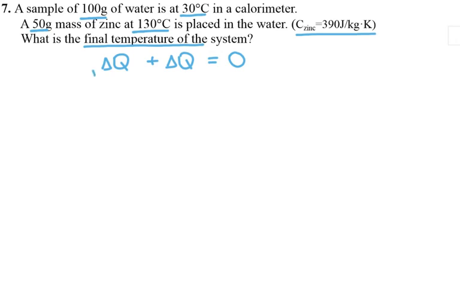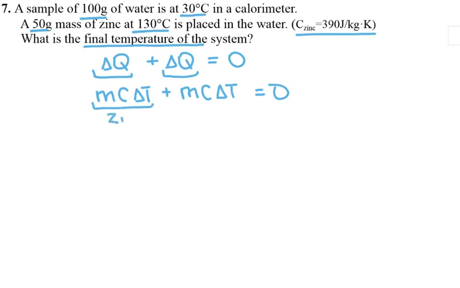So if this is zinc, I'm going to have MC delta T for zinc, and I'm going to have MC delta T for water equals to 0. So again, this will be zinc, and this will be water.